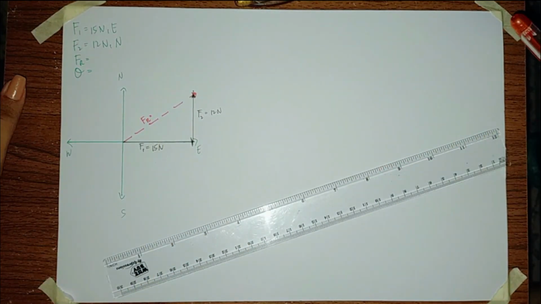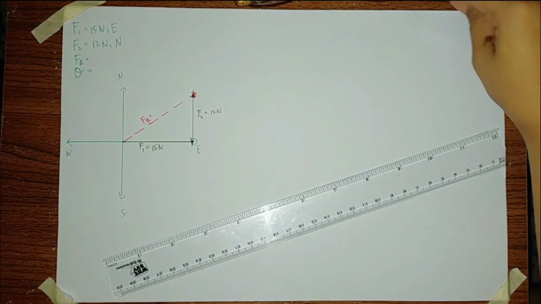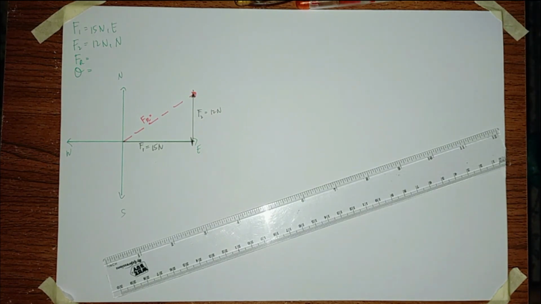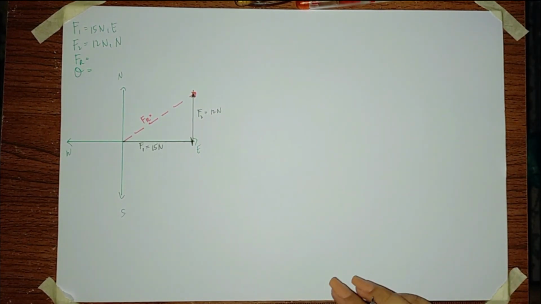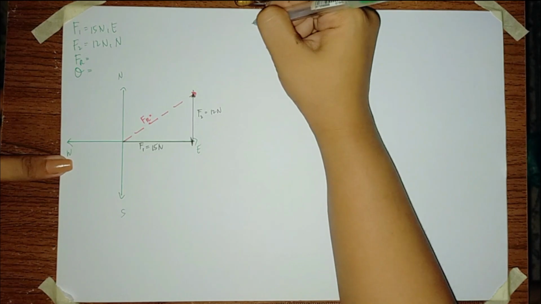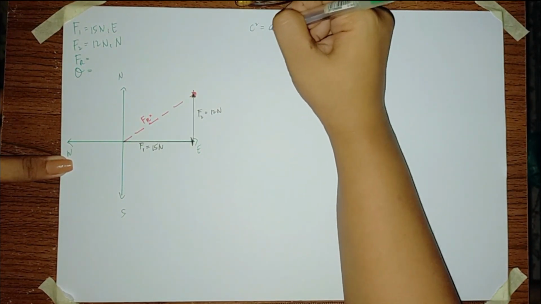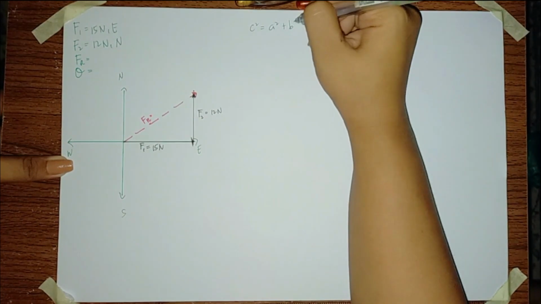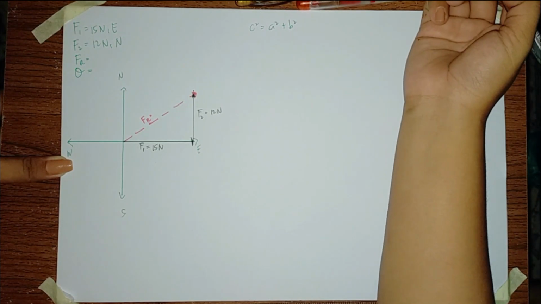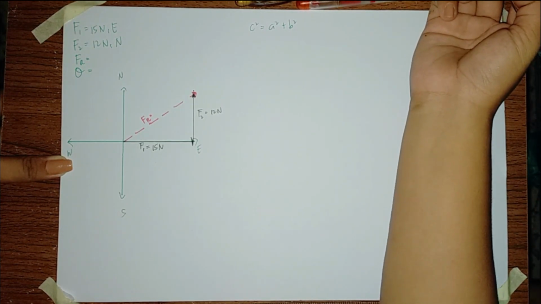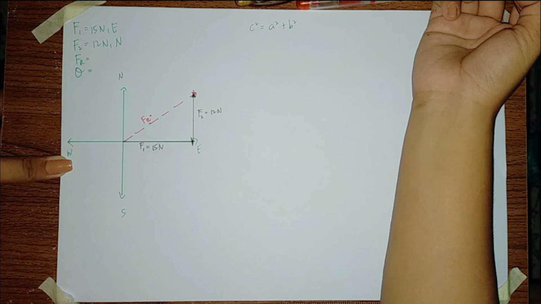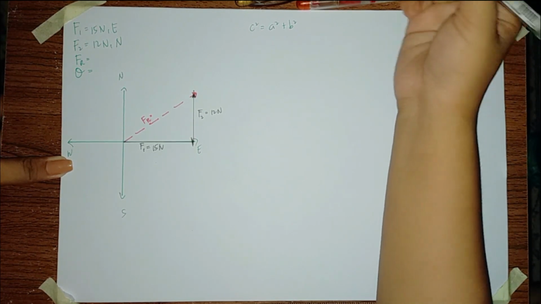Okay, so that's it. Now, let us solve for our F sub r. In order for us to solve for the F sub r, let us use our Pythagorean Theorem. So, for the equation of the Pythagorean Theorem, we have c squared is equal to a squared plus b squared.